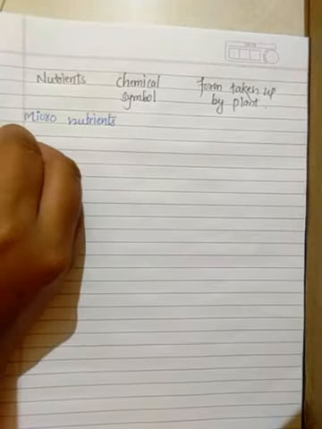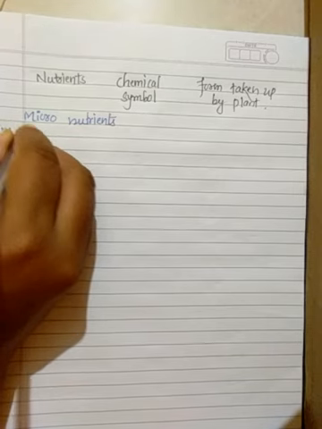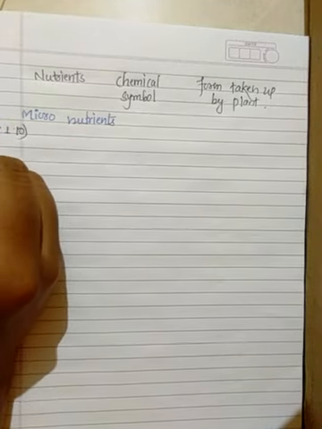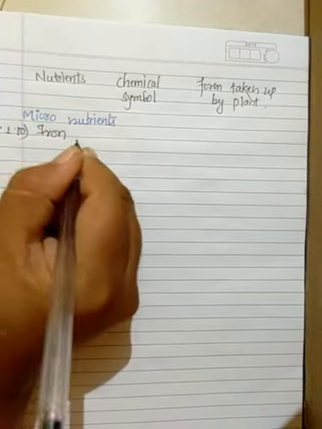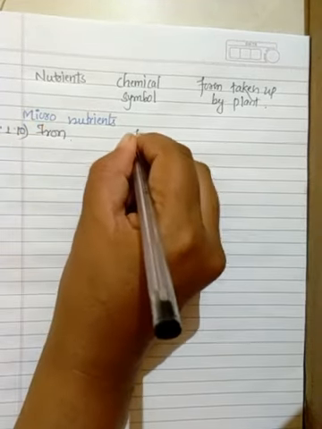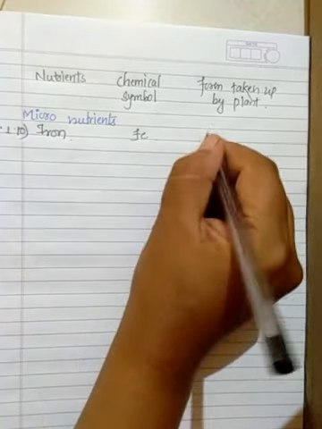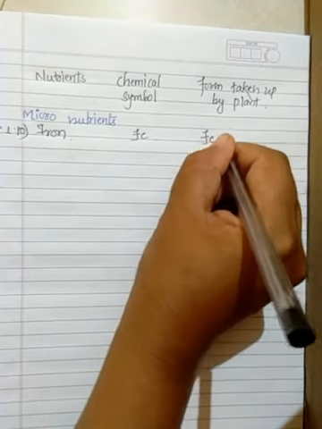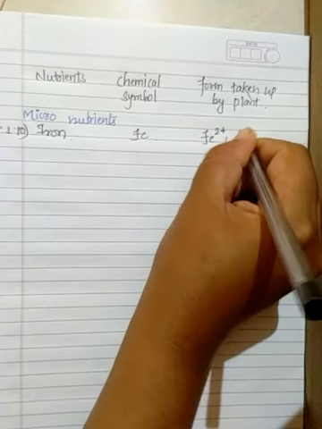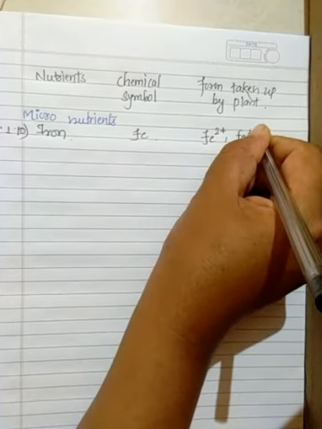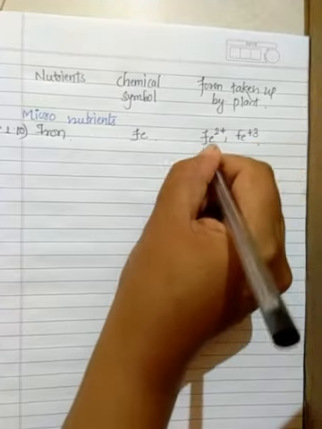So next one, number will be 10. In that first is iron, symbol for that is Fe, and it is taken by a plant as Fe plus 2, and again also Fe plus 3 and also chelate.